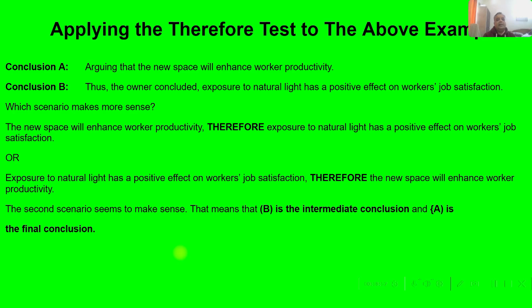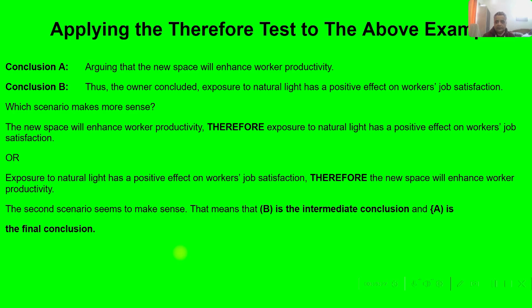The new space will enhance worker productivity, therefore exposure to natural light has a positive effect on workers' job satisfaction, or exposure to natural light has a positive effect on workers' job satisfaction, therefore the new space will enhance worker productivity.